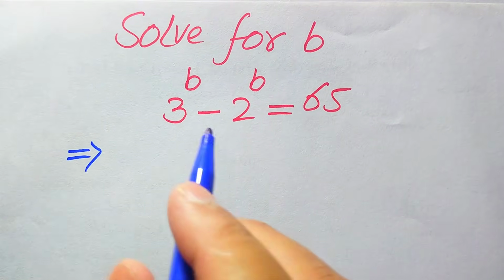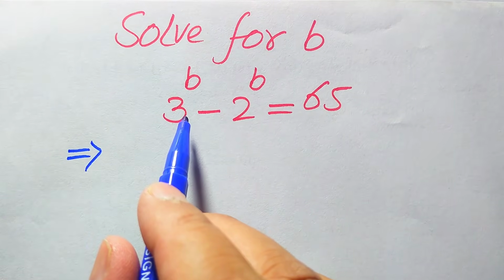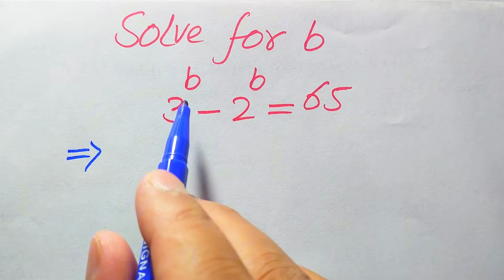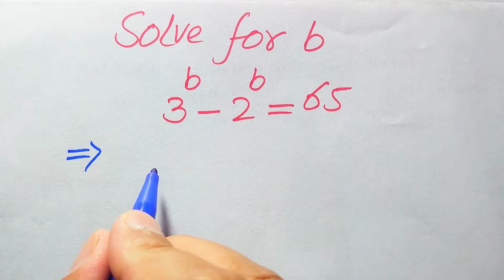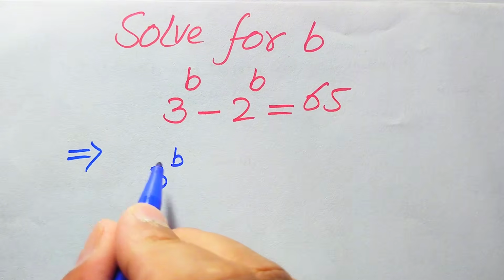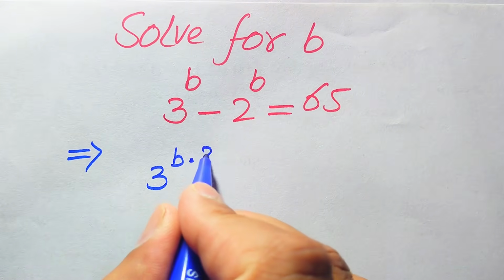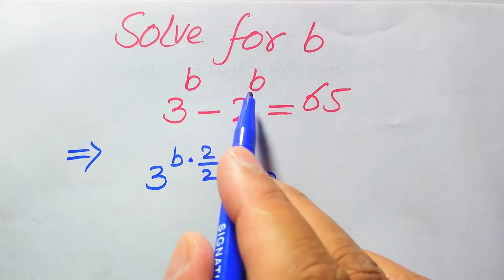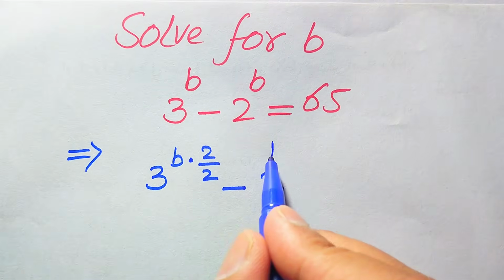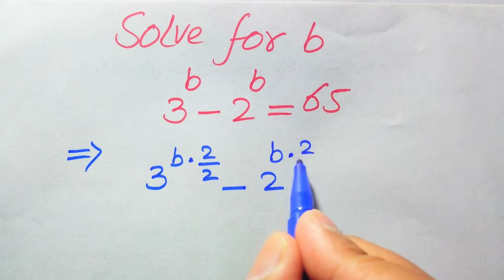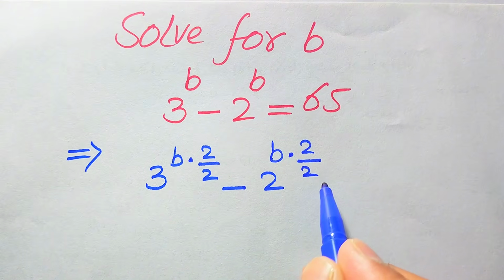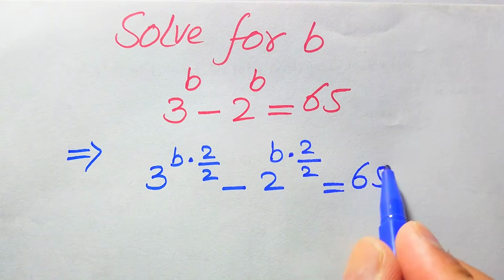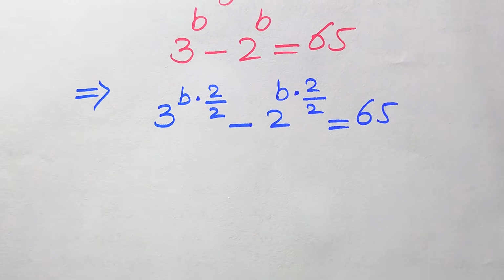The very first thing we are going to do is multiply and divide by 2 the exponent of both of these two terms. It will be written as 3 to the power of b, multiplied and divided by 2 over 2, in the same pattern. We multiply and divide the exponent of the 2 by 2, and it becomes b multiplied by 2 over 2, and this equals 65.